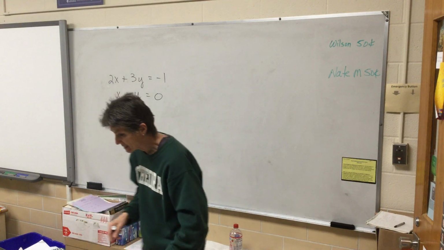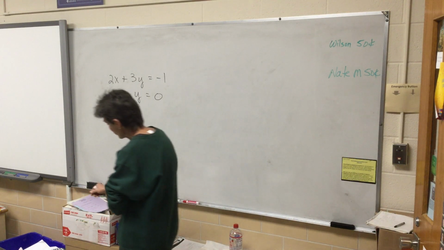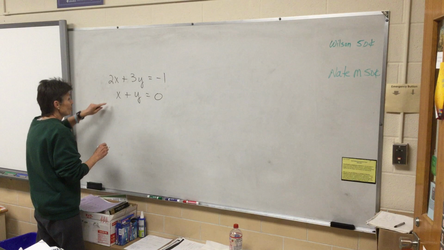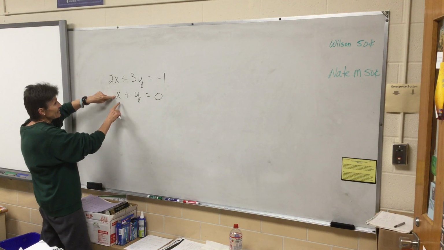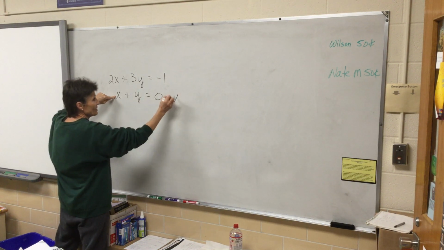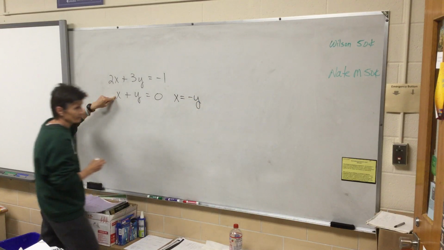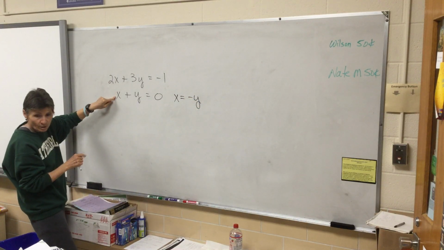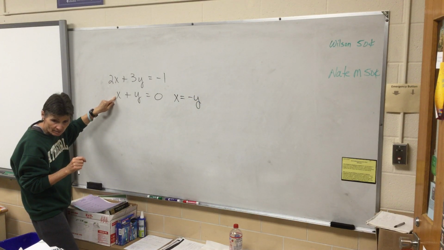Now, if I'm using substitution, which I am, that's what the directions say, do you agree it might just be easiest to say x equals -y? Or y equals -x?